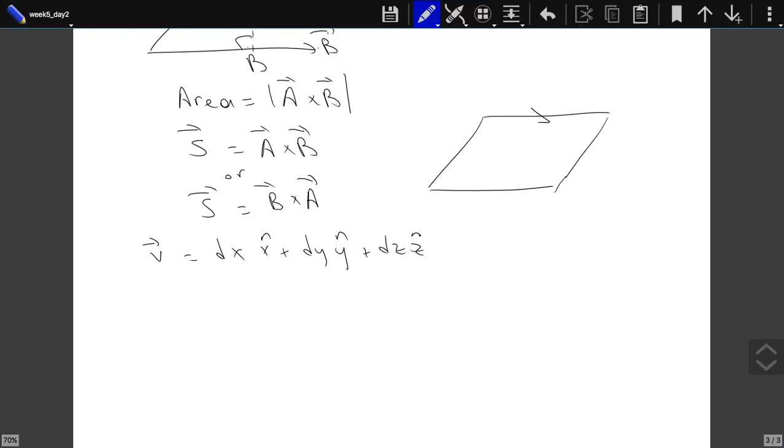Now, remember we have this rectangle over here, dx, dy, on the xy plane. And each side of this rectangle on the xy plane will correspond to one side on our surface.